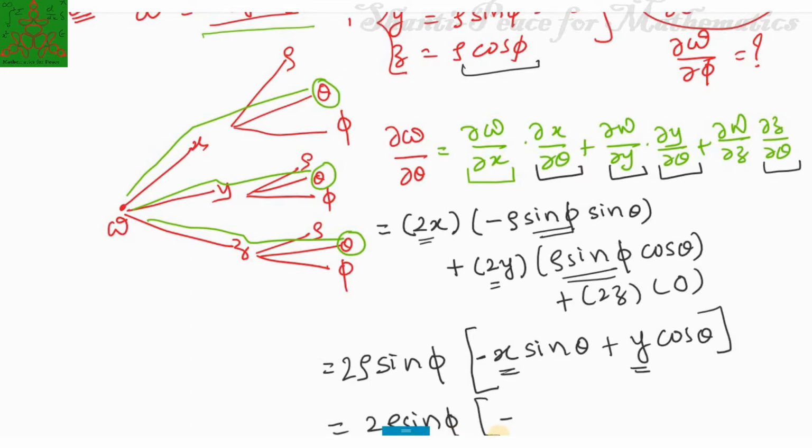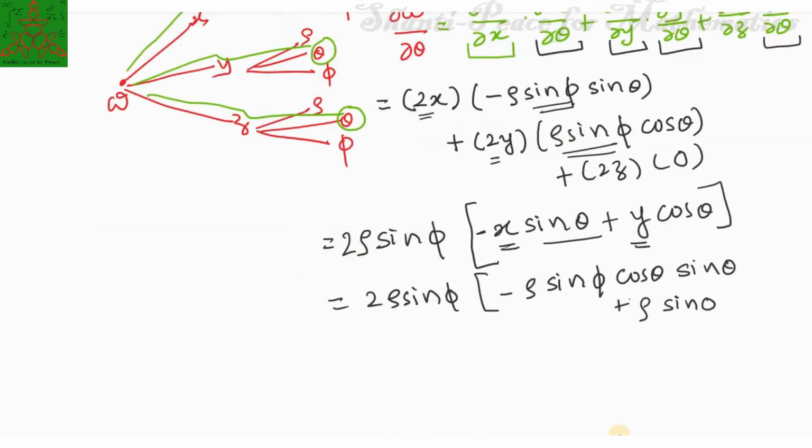The value of x is rho sine phi cos theta, and sine theta is already there, so that's why it is sine theta, plus rho sine phi sine theta, and cos theta is already there, and you just note that both terms will cancel out, so finally you will have 0, that is del w upon del theta.